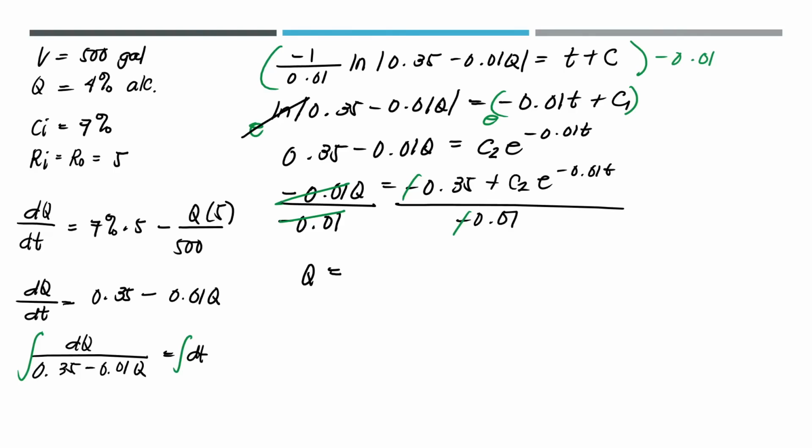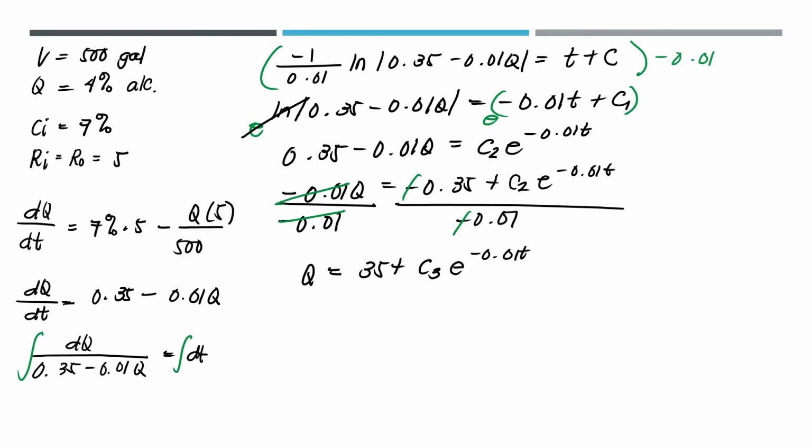My bad. So, we have 35 plus C3, kasi di ba, an arbitrary constant divided by another constant is just another arbitrary constant, times e raised to negative 0.01t. Okay, so we have already identified our Q.